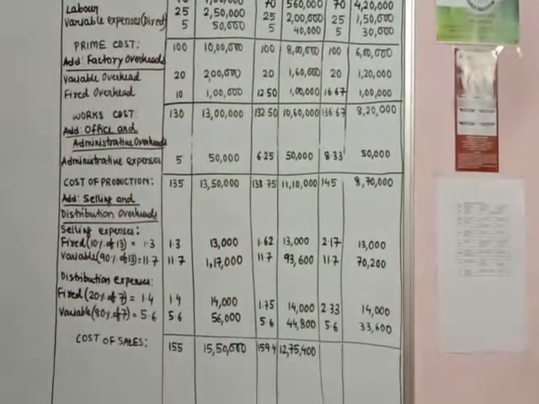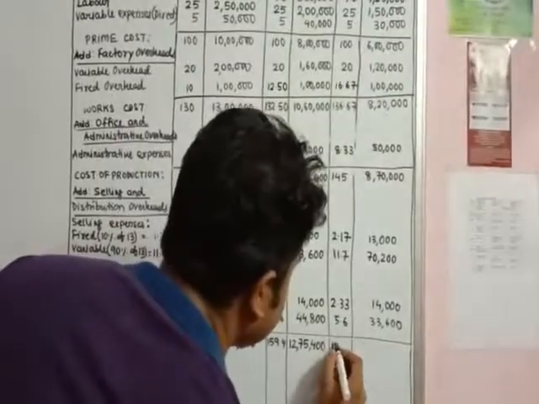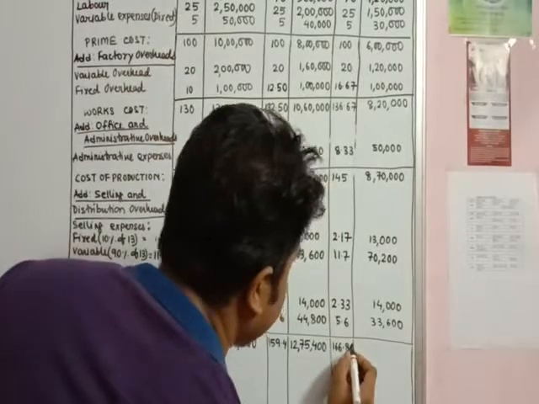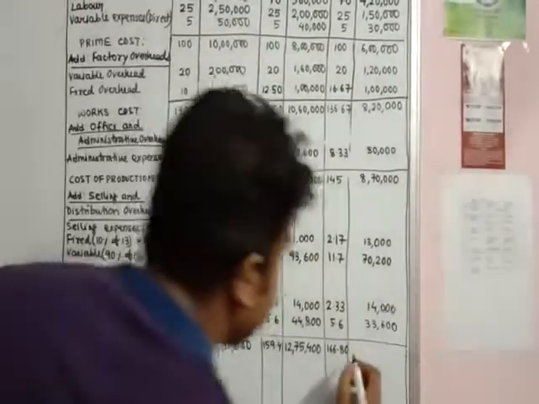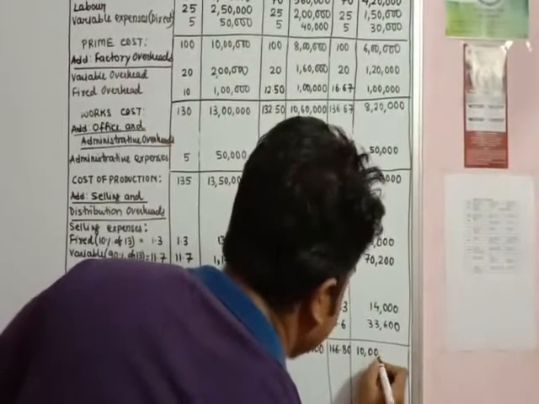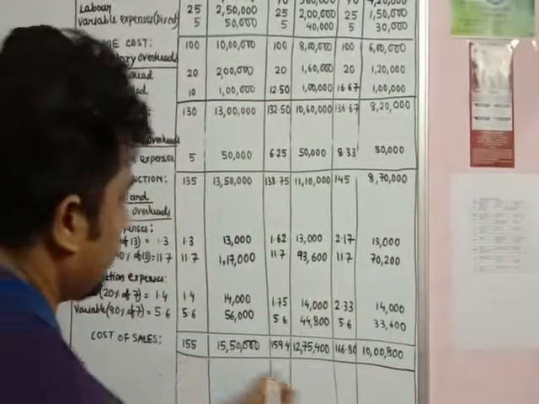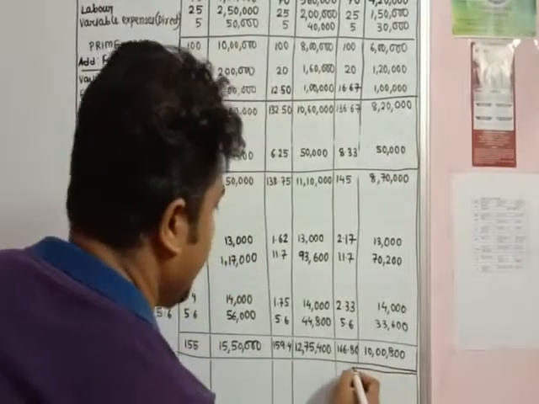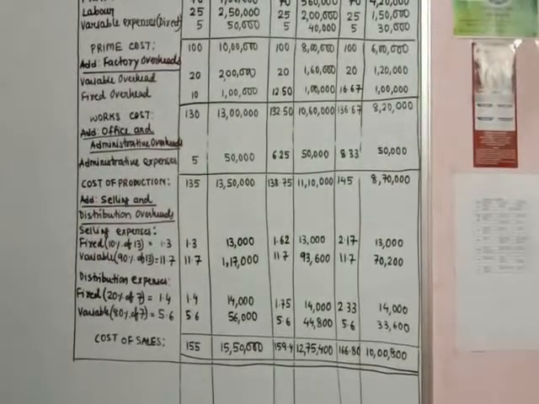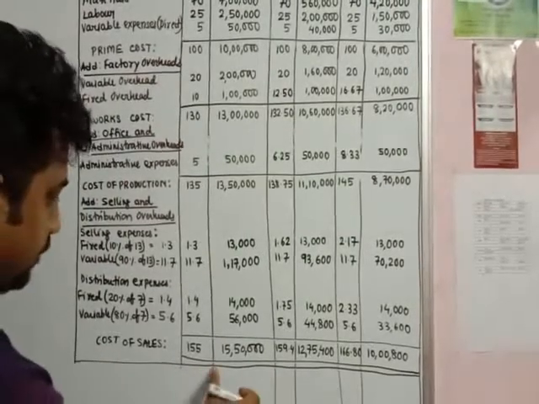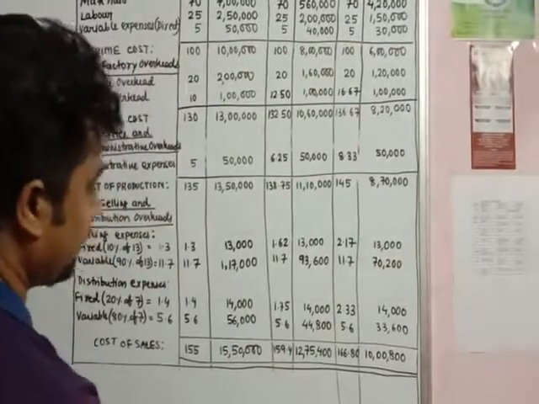With regard to 6,000 units, the cost per unit comes up to be 166.80, and the total cost is 10 lakh 800. So this is the cost per unit and the total cost at different levels of production, which you have found out by preparing a flexible budget.